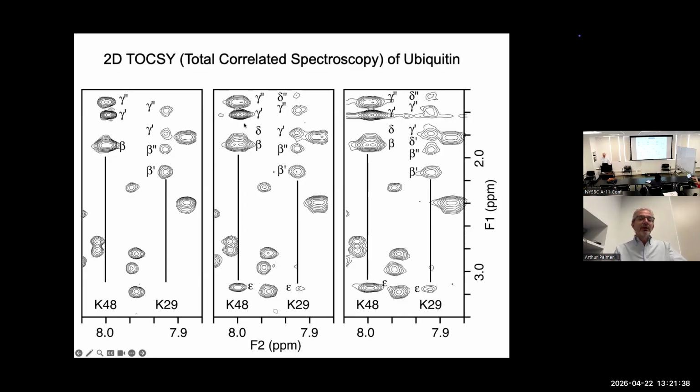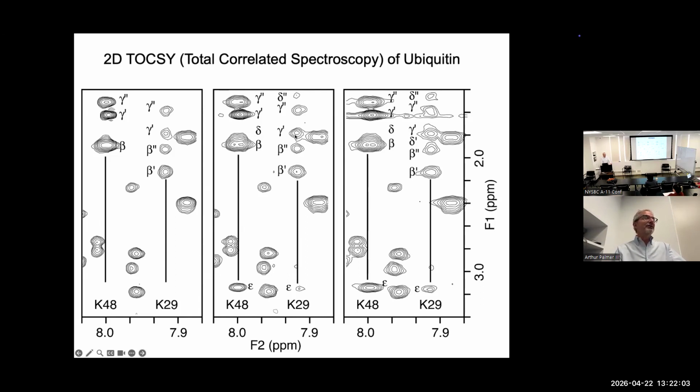Now, if you look back at the chemical shift distribution, say in BMRB, you'll see that the gammas are at higher frequency than the deltas, and betas are lower frequency than the gammas.